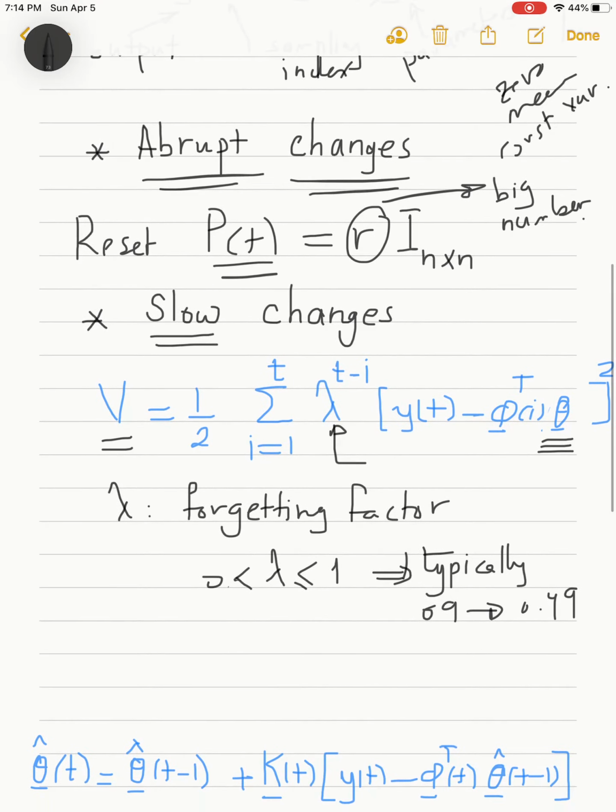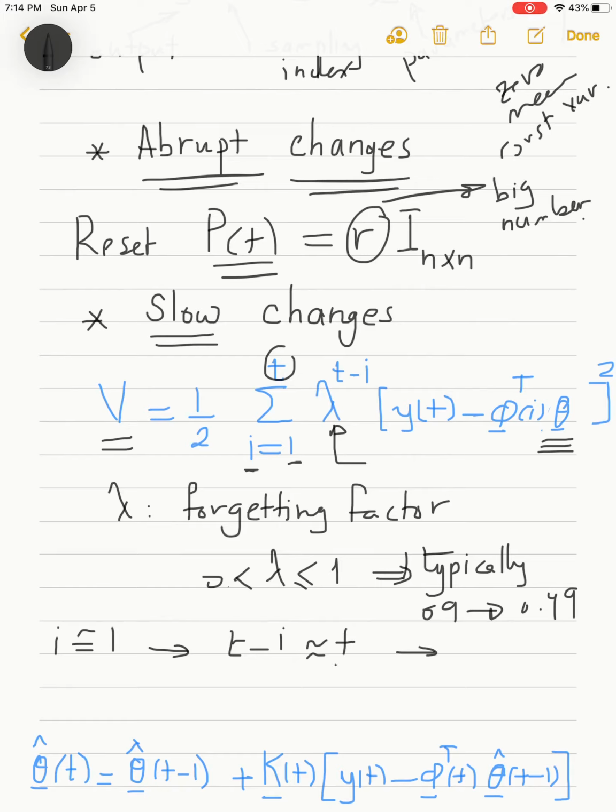Now, let's see the effect of lambda on the parameter estimation. Suppose that we have measurements that vary from 1 to t, where t is a big number, like the number of measurements is big. So if we take the index i around 1, that means the difference between t and i would be almost equal to t, and t is a big number.